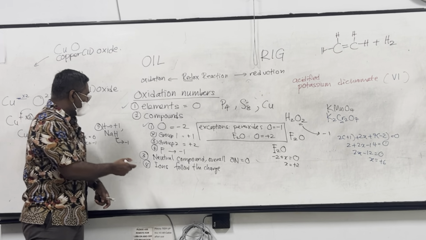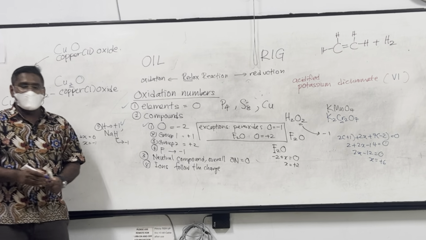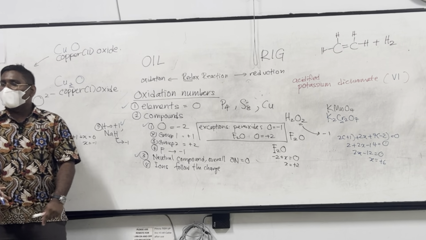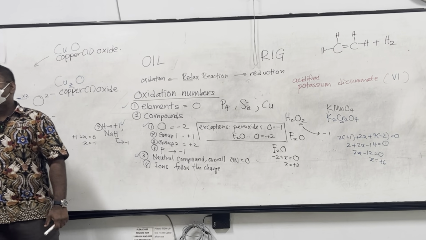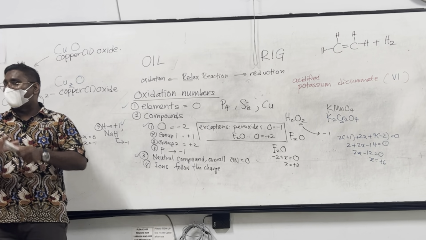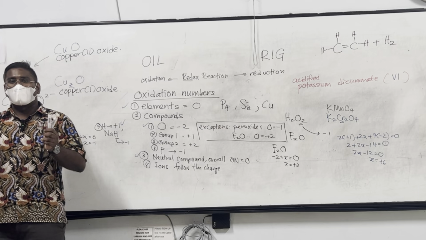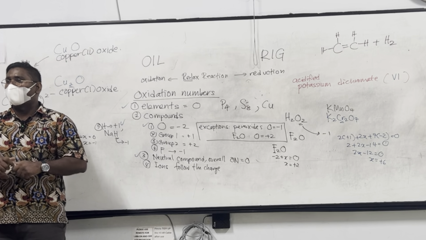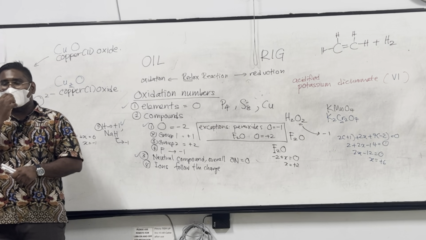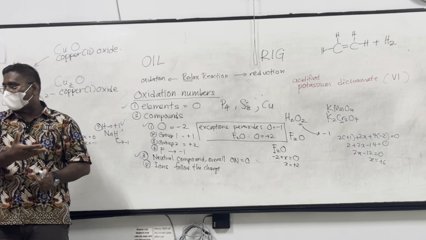Hydrogen is going to be always +1. Neutral compound, everything is going to be 0. And if it is going to be ion, they follow the charge. Okay, these are the common things that you need to know. Let's say a guideline, in your textbook, there are more. But the one that you will use in practice will be this one.